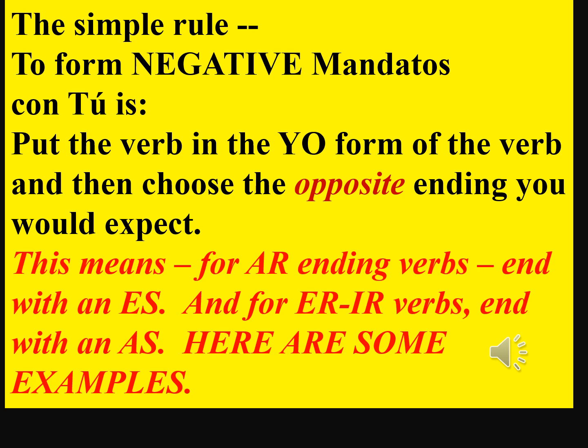If you're telling someone not to speak, you would say no hables. If you're telling someone to speak or to talk, you would say habla. Habla versus no hables. For ER/IR verbs, choosing the opposite ending would be AS.